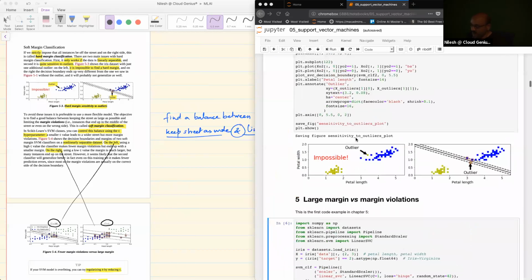So I'm scrolling, and what you can see is if you have an outlier, which is represented by this little dot, it is impossible to actually draw a path or a street that will separate the two. And that is the challenge that we have.